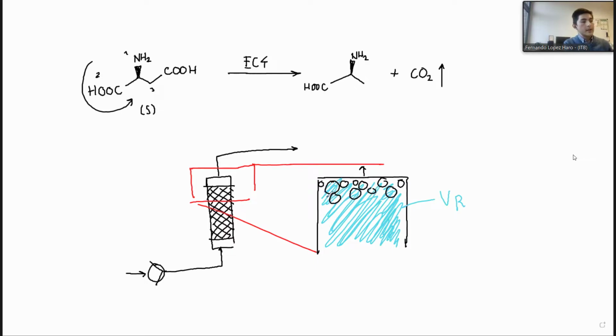Why would this be problematic? Any suggestions of why this would not be ideal?